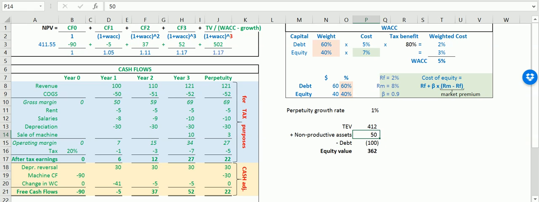Say a company has a piece of land that it's not using in its production, and that's part of the company, well, you have to add it because it's not reflected by the cash flows. And if the company has any debt, to arrive at the equity value, you have to deduct it from the total enterprise value. And that'll give us the total equity value of this company.